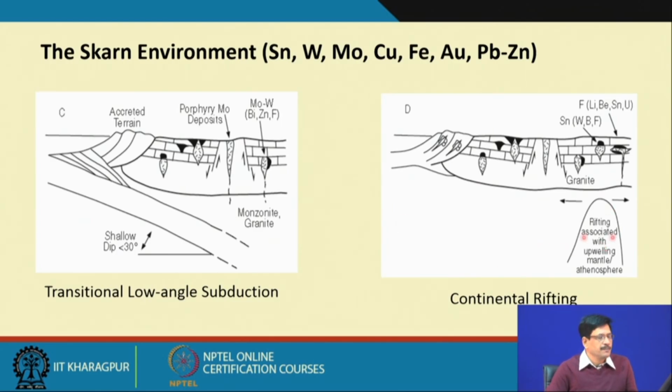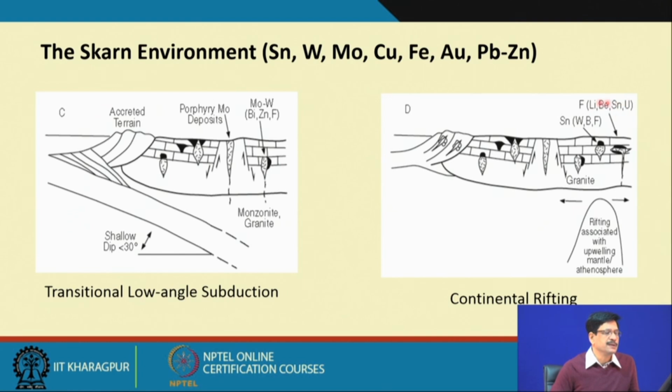In one of the diagrams we saw the crustal domains in which during the rifting time there is emplacement of magma, essentially a rifting setup in which these magmas are mostly very evolved, alkali type, felsic magma, which give rise to the tin deposits, the tin skarns, and they are richer.